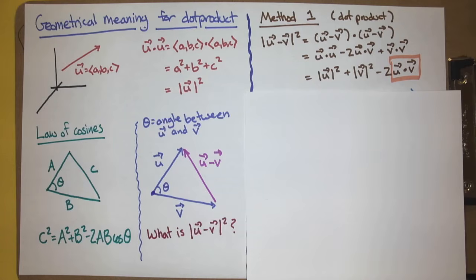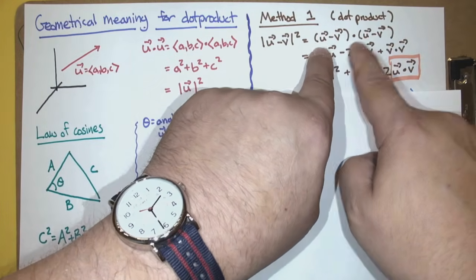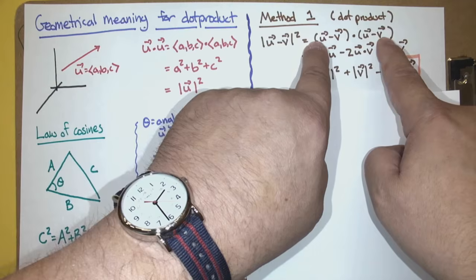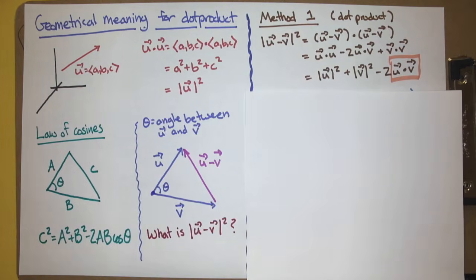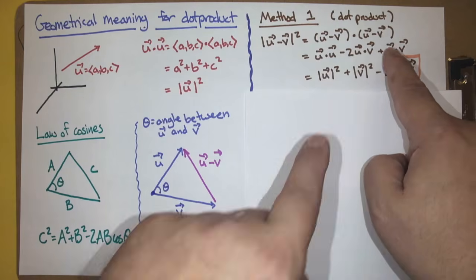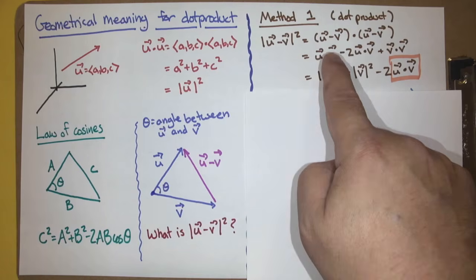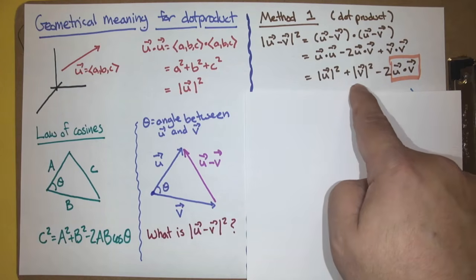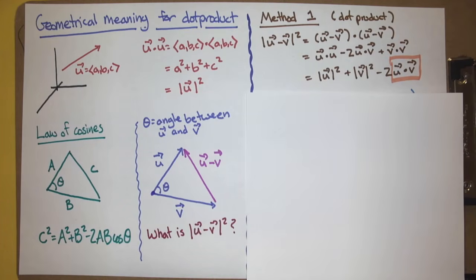Since we can distribute, we can FOIL. The first is u dot u. The outer is u dot v. The inner is v dot u, but that's the same as u dot v, so there's really minus 2 of those. And the last is v dot v. So we get the magnitude of u squared, the magnitude of v squared, and then this extra term, minus 2 times the dot product.